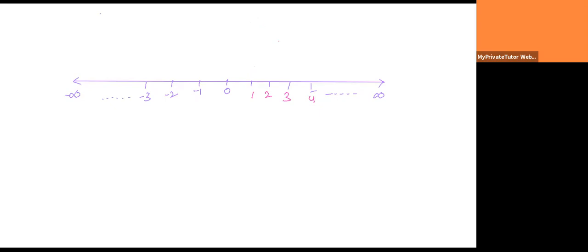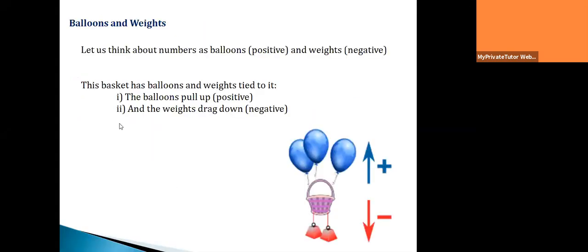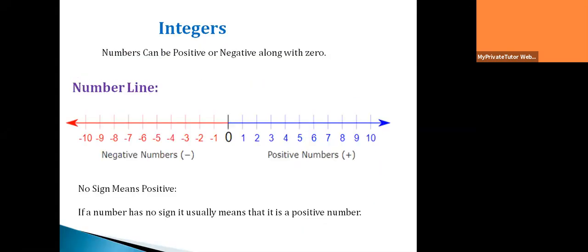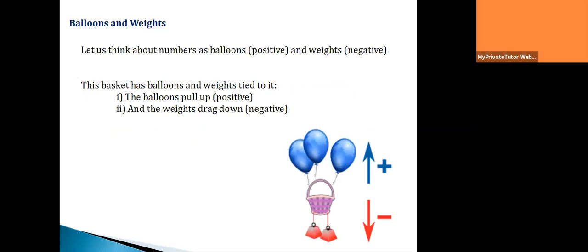So let's go back to the presentation. In integers, we are going to discuss positive numbers, negative numbers, and the comparison between positive and negative numbers. So what do you mean by a positive number? Generally a positive number won't contain any sign, or else it will contain a plus sign.